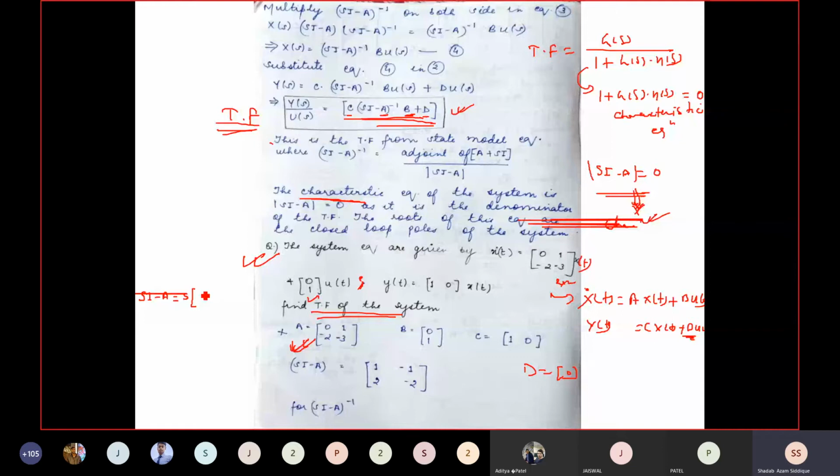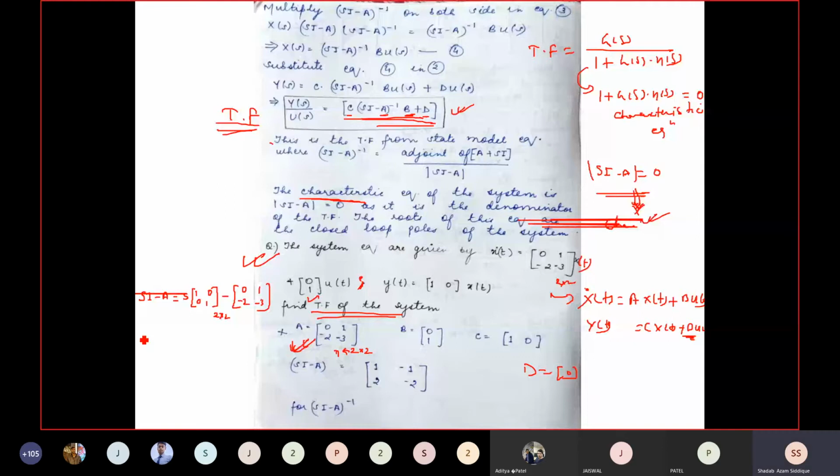Now I will multiply S inside this identity matrix, so we'll get [S 0; 0 S]. If you are comfortable, you can do this directly. Now subtract A from SI, element by element.